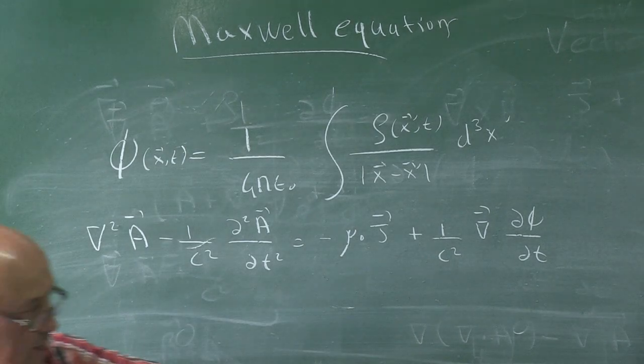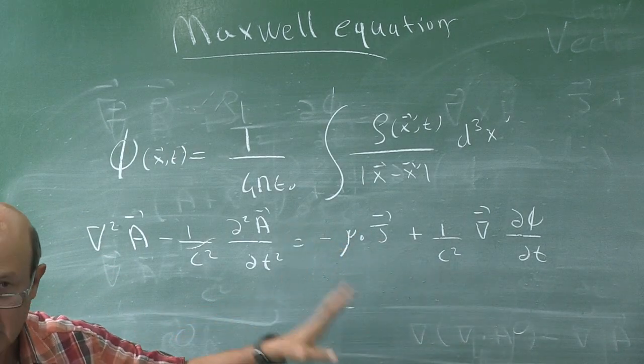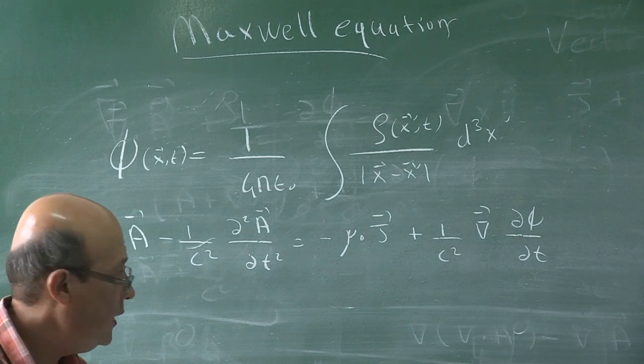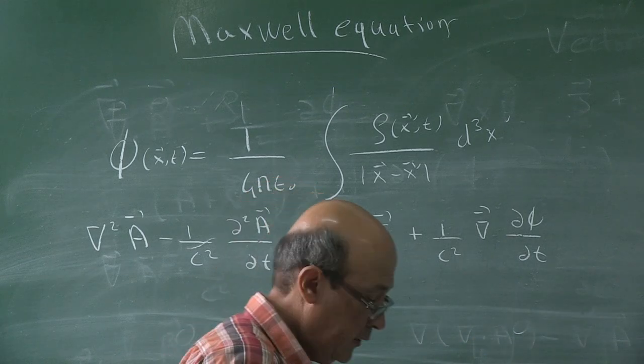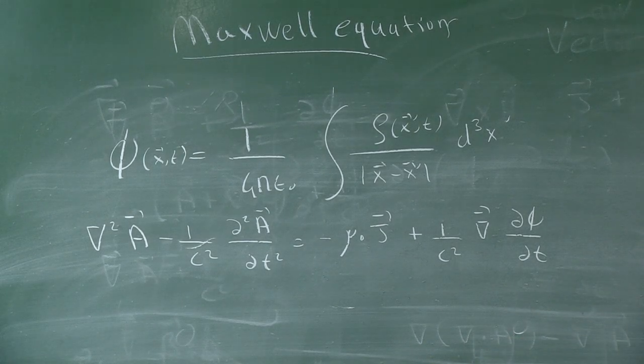So this second equation turns out to be this. Now we have a scalar potential and a vector potential. This is a little bit of a complicated situation.